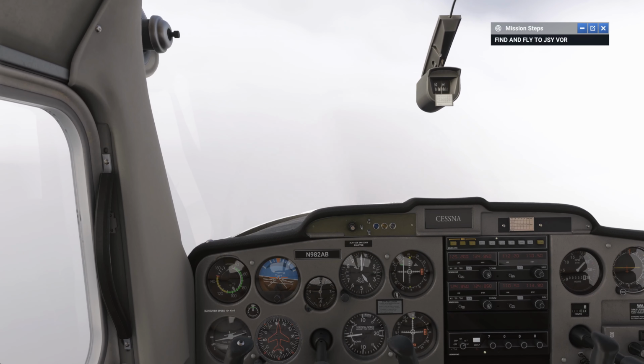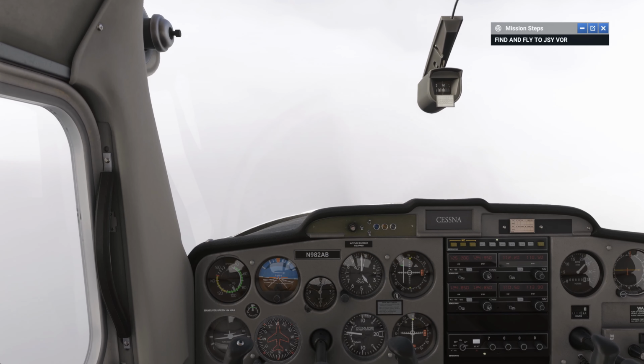We are now flying the course we have set on the OBS towards the VOR.